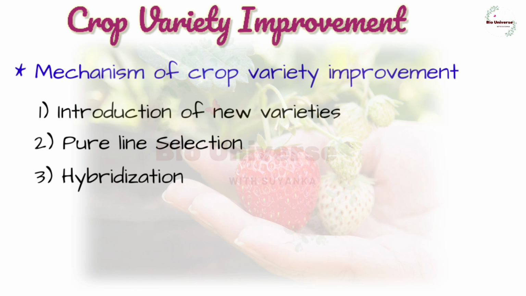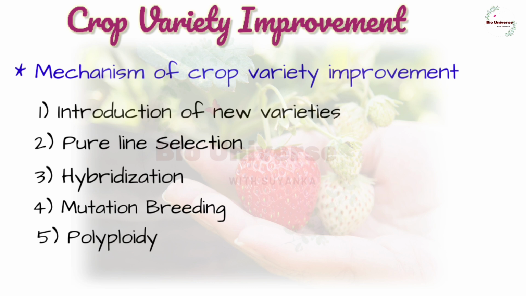In order to obtain an improved variety of crop, the following steps should be taken. First is choice of parents. Second is crossbreeding the two parents. Mutation breeding: certain inheritable variations are produced at random through gamma irradiation and a number of physical and chemical agents called mutagens.